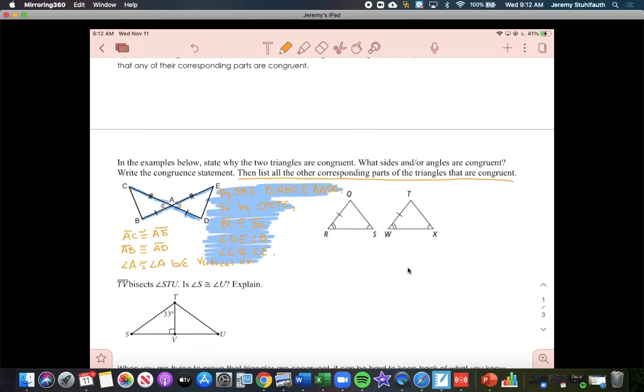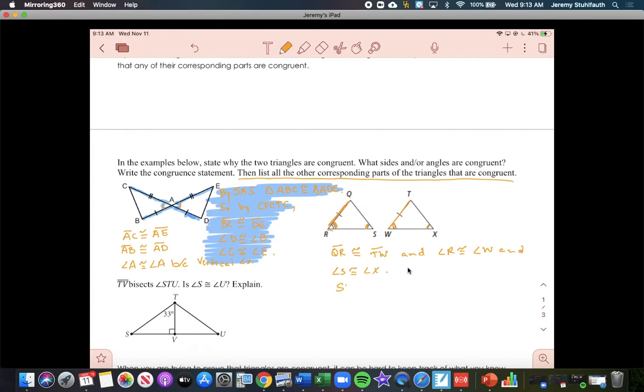If we write down what we know, QR is congruent to TW, angle R is congruent to angle W, and angle S is congruent to angle X. So if you look at that, you have a side, an angle, and another angle. So we have side, angle, angle.